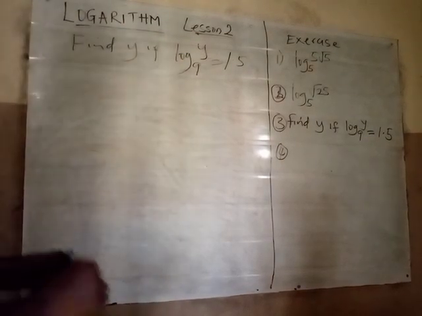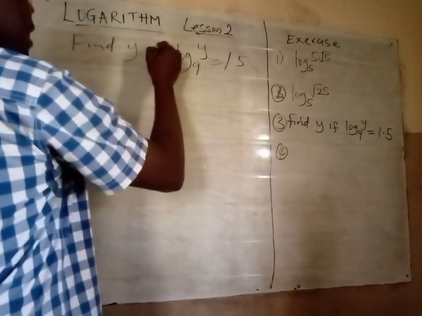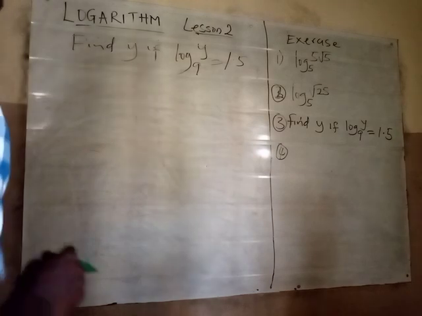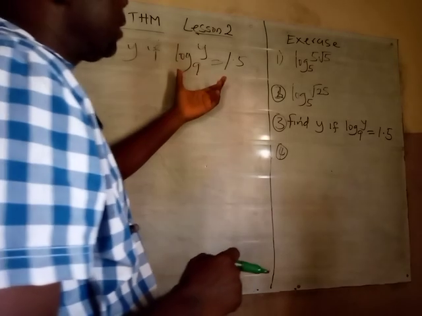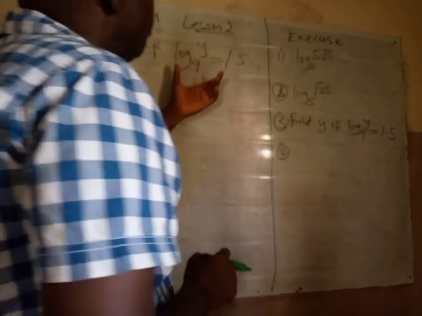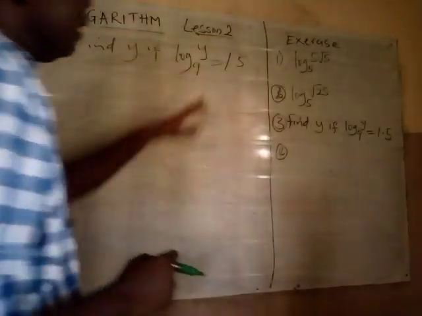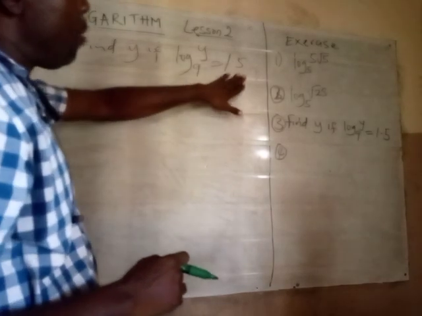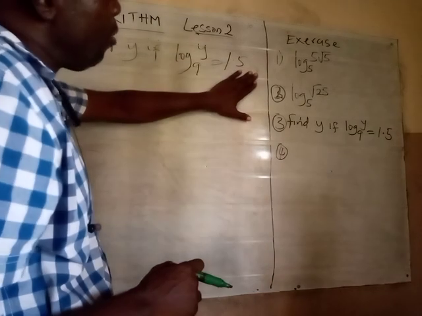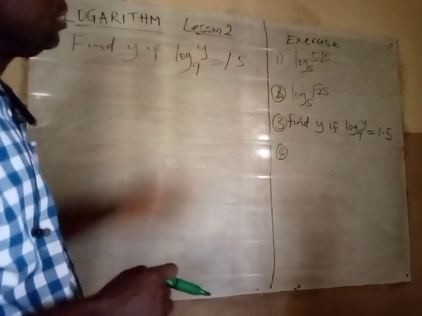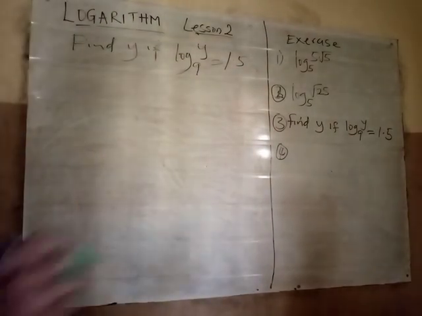Anytime there's an equality sign and a log is equated, the base will be raised to the power of the number that is equated to it. What do I mean?